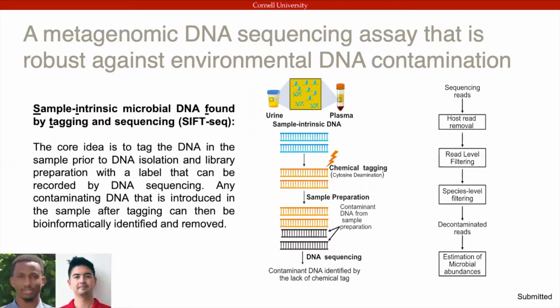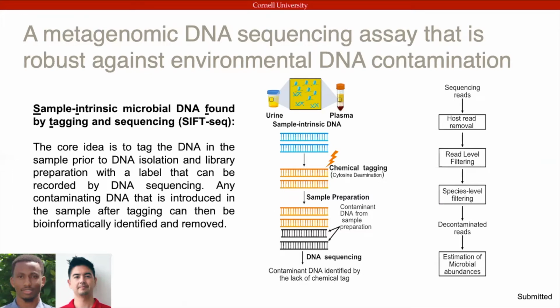So we've developed recently a metagenomic DNA sequencing assay that is robust against environmental DNA contamination. We call this cfSeq, which stands for Sample Intrinsic Microbial DNA found by tagging and sequencing. And this was developed in conjunction with 2 other graduate students in the lab, Omari and Alex.